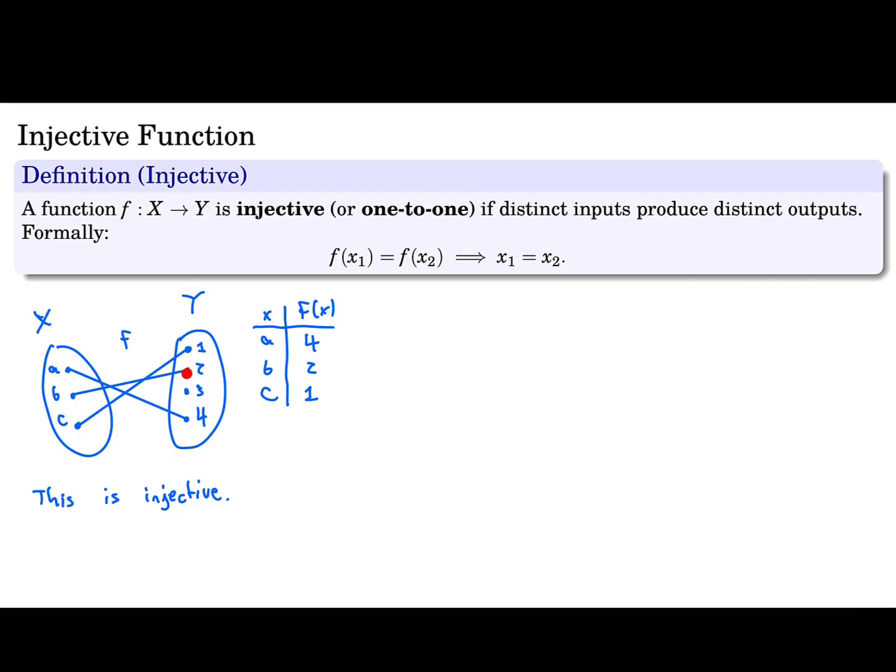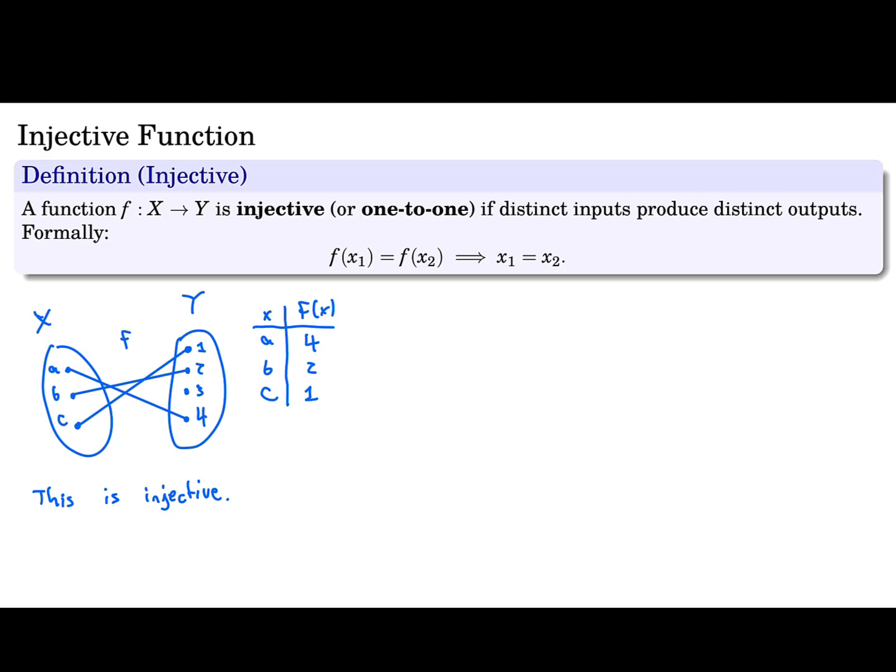Here there's at most one line, here there's 0 lines, which is at most one line, and here also at most one line. So every element in the codomain can only come through the function from one element from the domain. It's okay to have elements in the codomain that do not correspond to any element in the domain, but you want to have a unique one in the domain that corresponds to each element in the codomain.